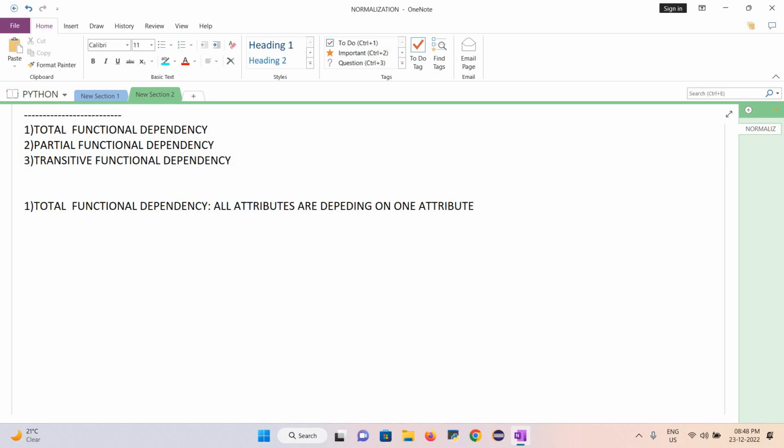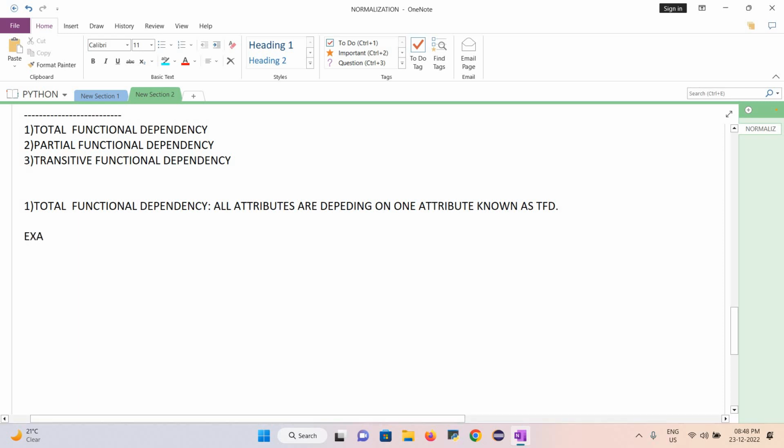All attributes depending on one attribute is known as total functional dependency. Let me write it in the shortcut way: all attributes depending on one attribute is known as total functional dependency.